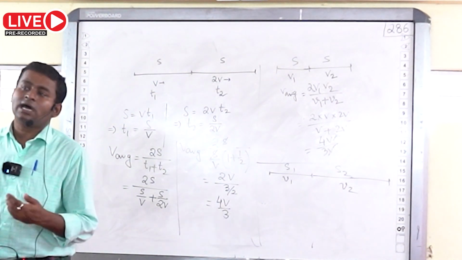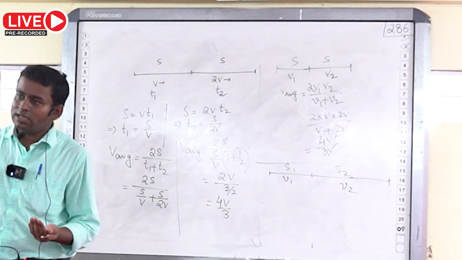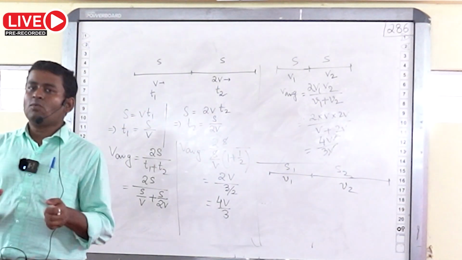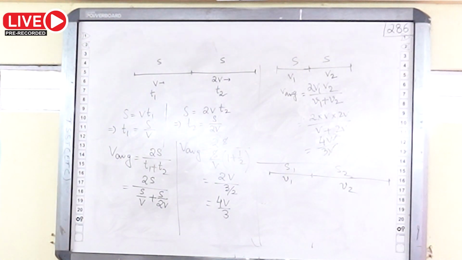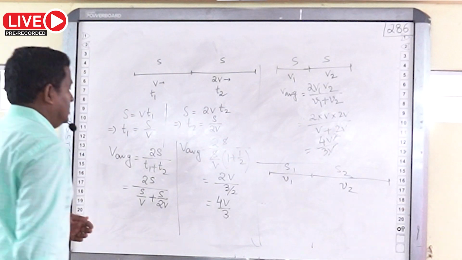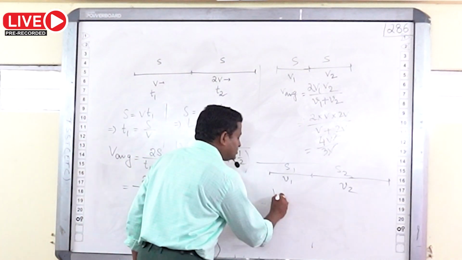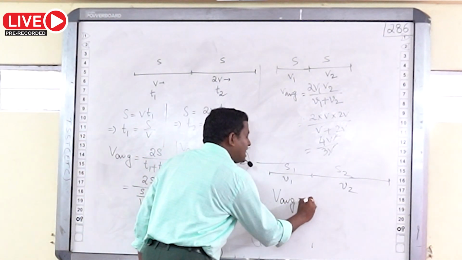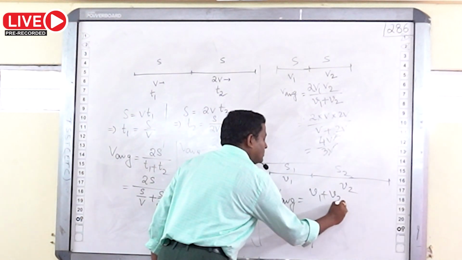Means distance traveled are unequal. So for 1 hour it moves with 40 km per hour. For next 1 hour it moves with 80 km per hour. So obviously in next 1 hour velocity is more, so it will cover more distance. In that case average velocity will become simply average of the two.